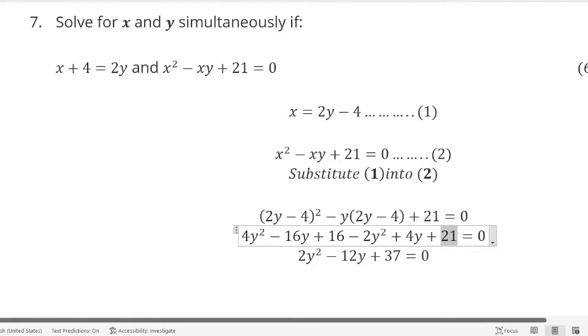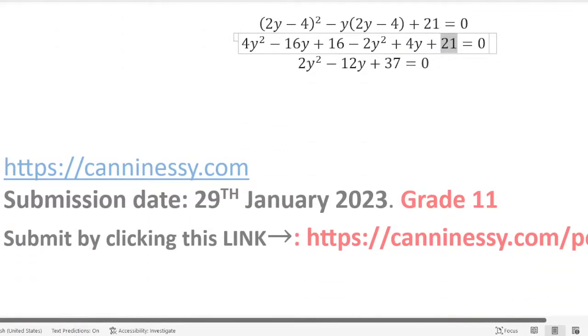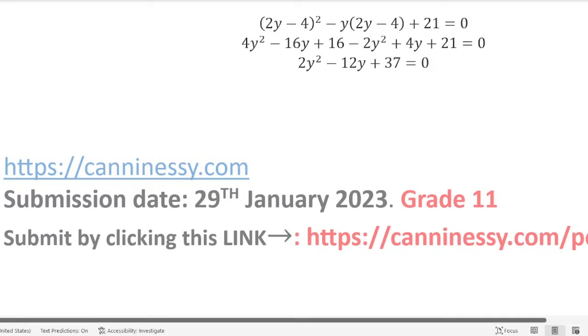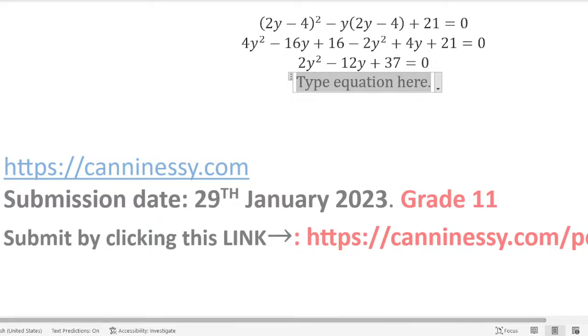So yes, we have to use the quadratic equation.